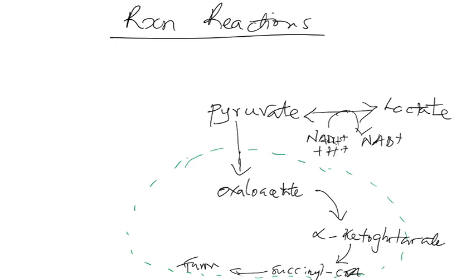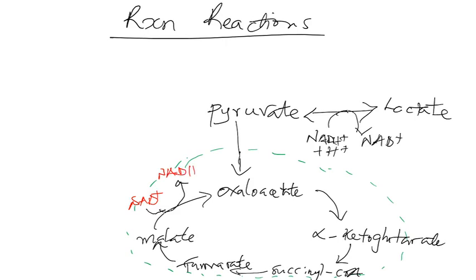So you have fumarate, and then this is converted to malate, and then malate is then converted to oxaloacetate via a dehydrogenation process. So you have NAD plus being reduced to NADH plus H plus, like that.